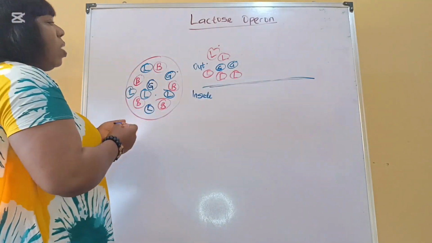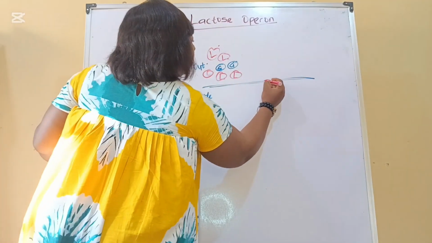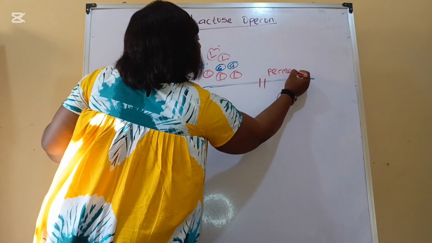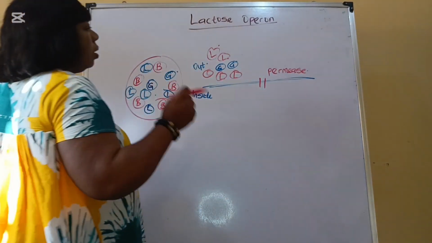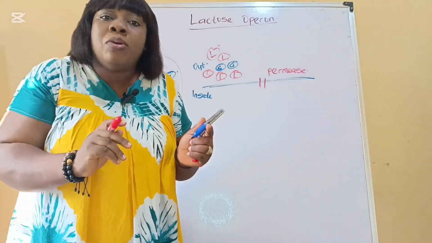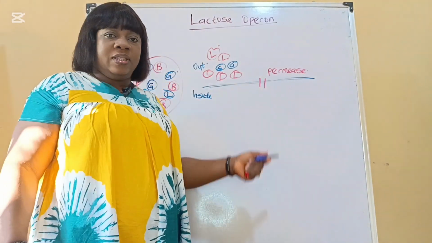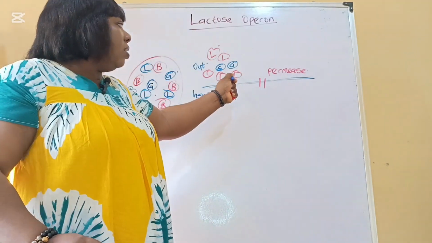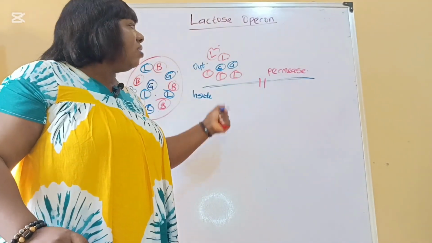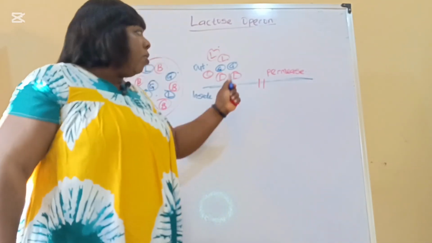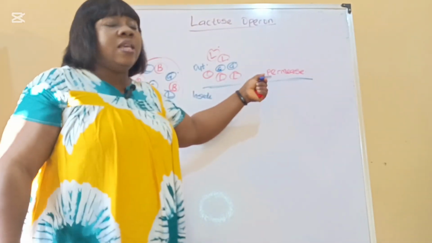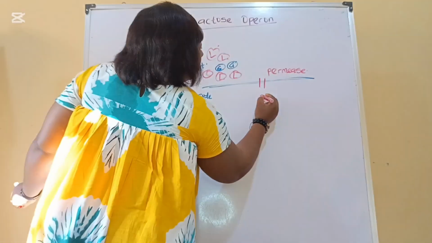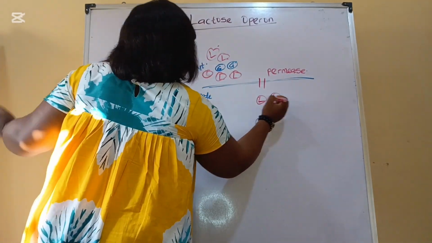On this cell, we have permease. The work of permease is to enhance the uptake of lactose into the cell. If it were catabolite repression, it is the glucose transporter that would enhance the uptake of glucose, but here permease enhances the uptake of lactose. So we have lactose entering into the cell.